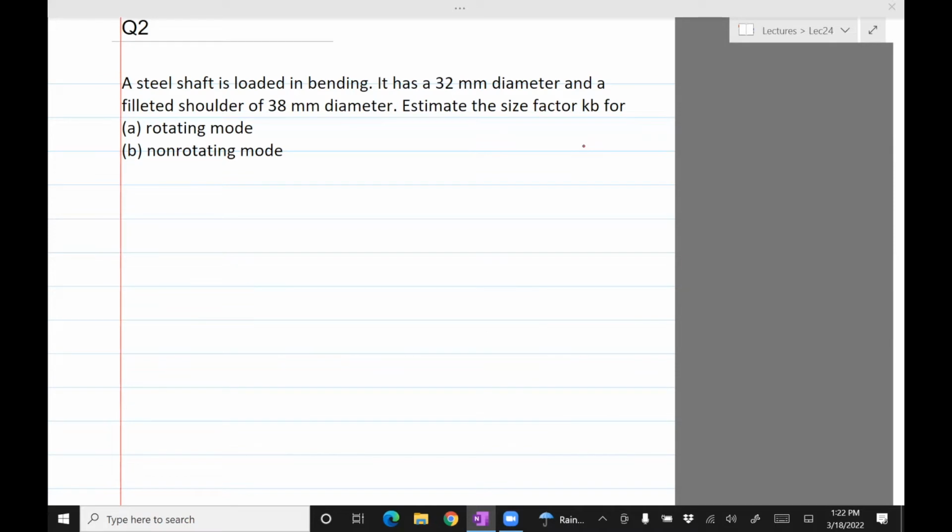The shaft is loaded in bending. It has a 32 mm diameter and a filleted shoulder of 38 mm. So what does this mean? Well, this means that it's something like this. This is the 32 mm diameter, and then since there's a filleted shoulder, it probably means it's something like this.